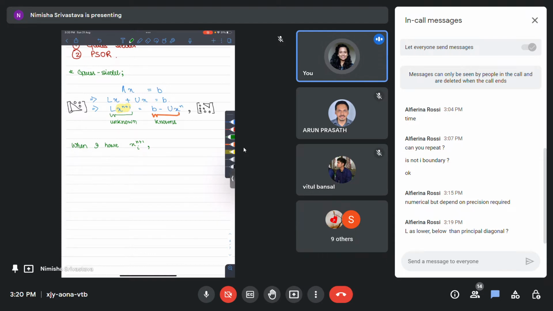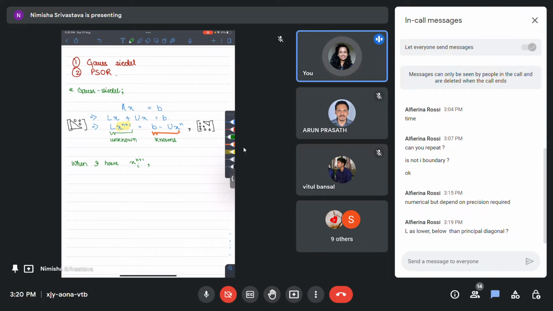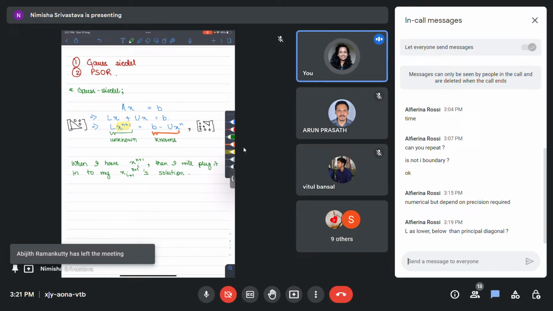So when I have the value for x_i at the n+1 time step, then I'm going to plug it in to my x_(i+1) at n+1 solution. Okay, fine. So now we'll do a question related to that so that we understand what we mean by all of this.